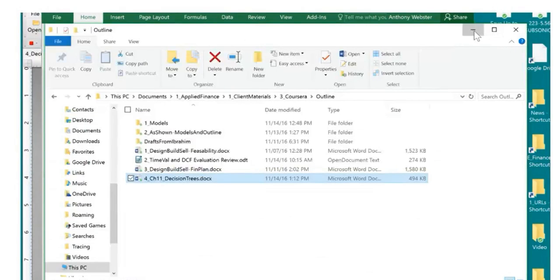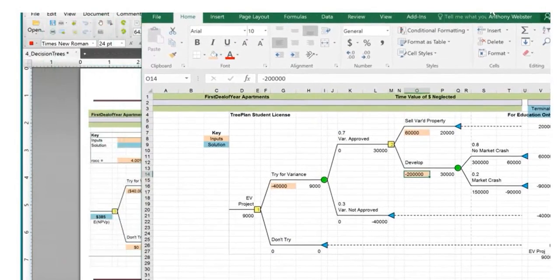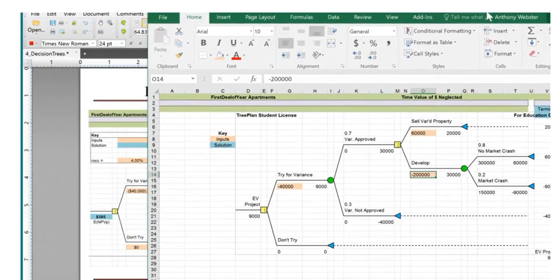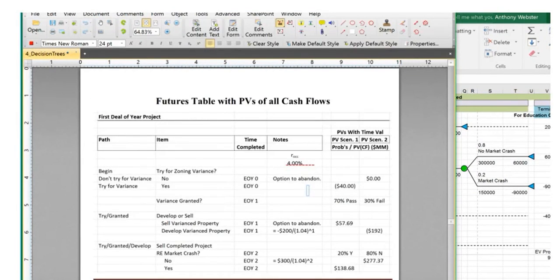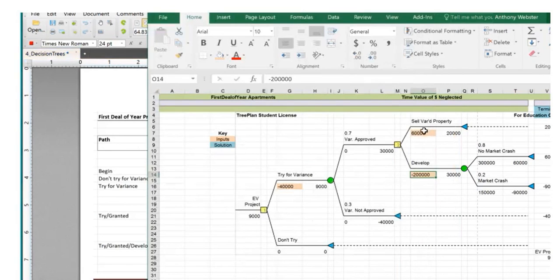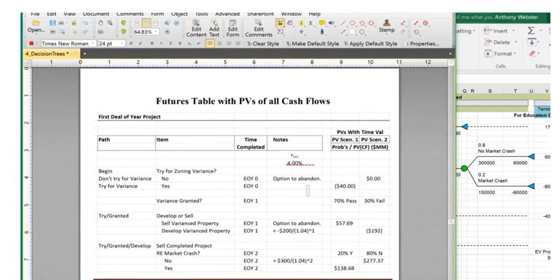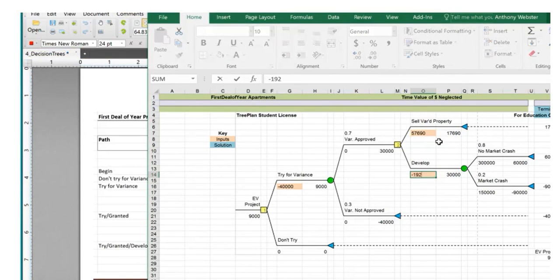So I'll just look back quickly at my futures table with the PVs, put in 57.69 here. Okay, and for the present value of the amount we'd have to put in to develop is 192.